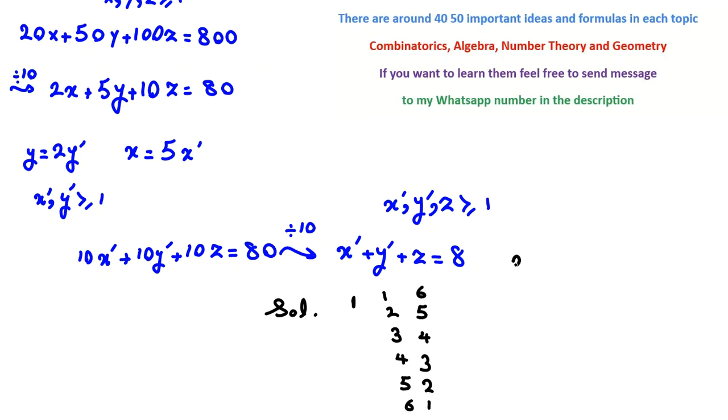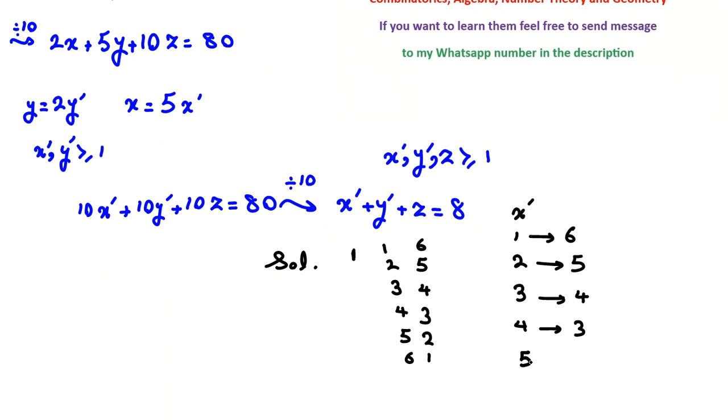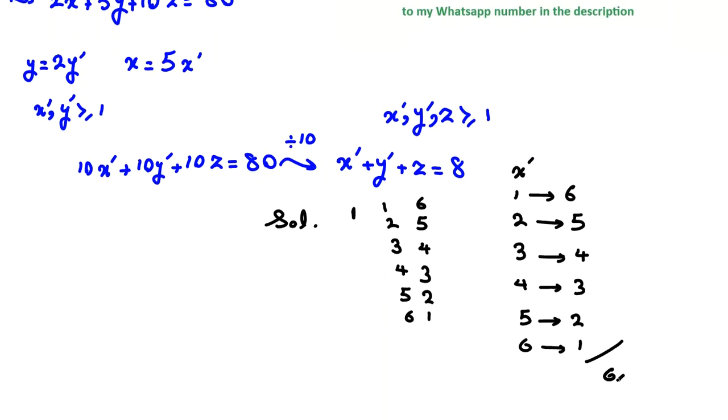So if x prime is 1, then we have 6 ways. If it is 2, we have 5 ways. If it is 3, we have 4 ways. If it is 4, we have 3 ways, up to 1. If it is 5, 2 ways. If it is 6, 1 way. So 1 to 6 sum is 6 times 7 over 2, which is 3 times 7, 21.